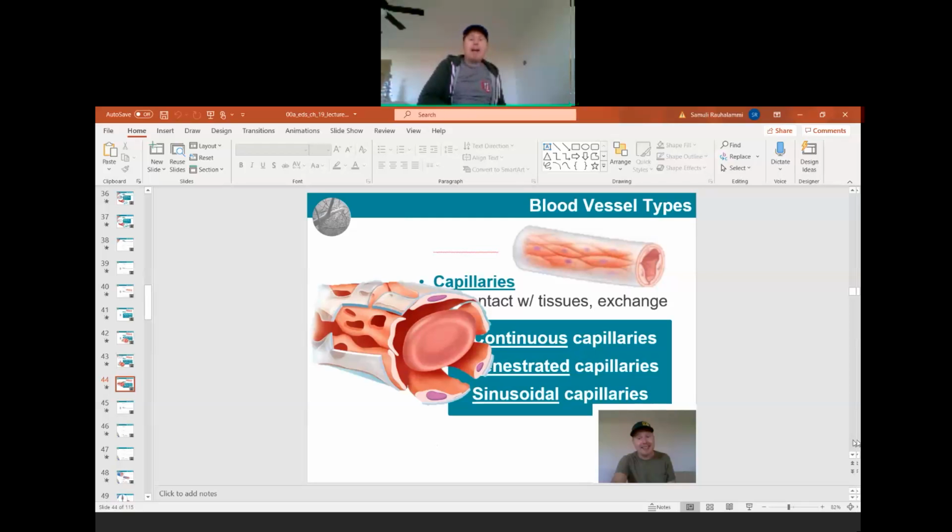In addition, by having these huge gaps missing, the wall inside these sinusoidal capillaries is no longer as smooth, so the flow of blood slows down significantly as well, which again allows for more exchange, more processing at these kinds of capillaries. So that's probably a really good summary of the difference between the 3.